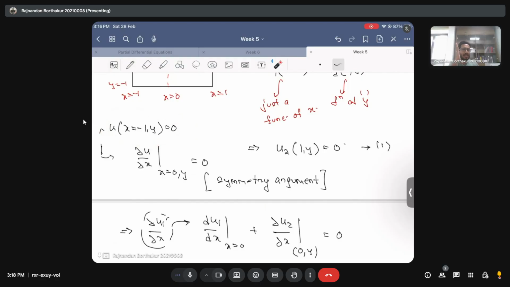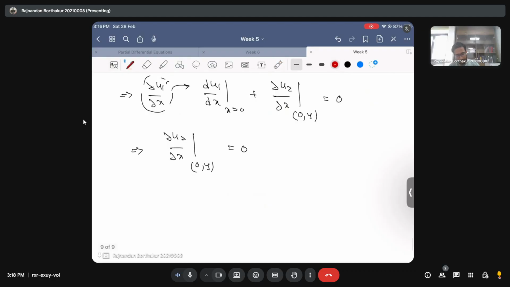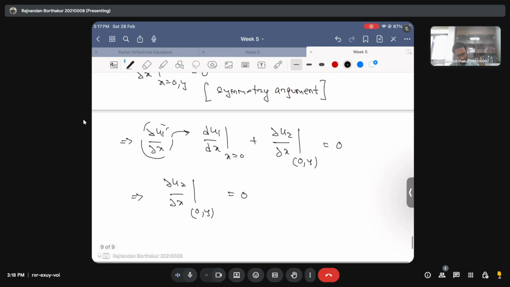Physically, it just means that the profile at x equal to 1 and x equal to -1 is going to be symmetric, therefore its derivative with respect to x at x equal to 0 has to be 0. That's called the symmetry argument. So I'll name this as my second boundary condition.